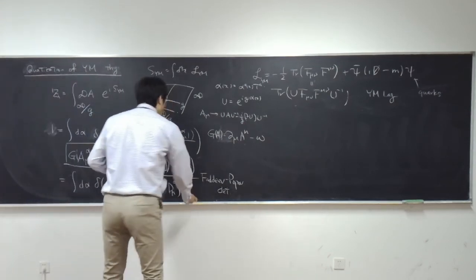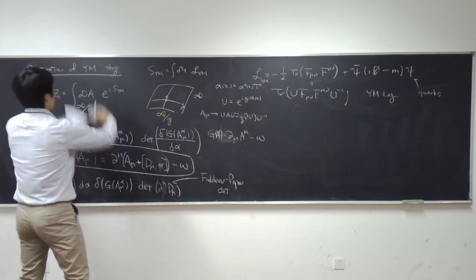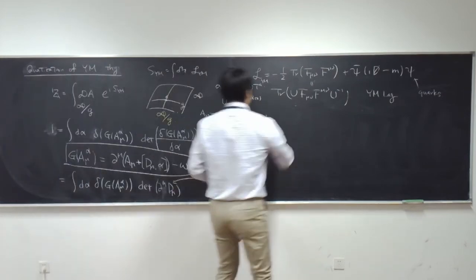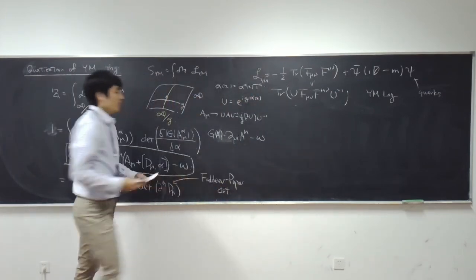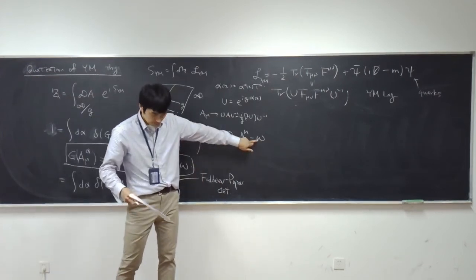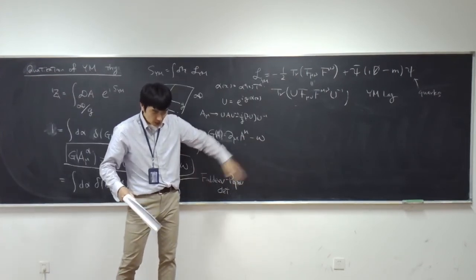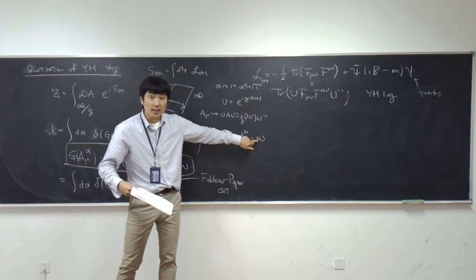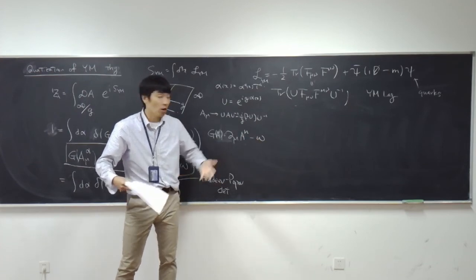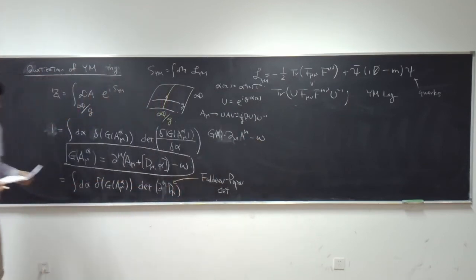What we are going to do is insert this one into the path integral, and again introduce the so-called constant, the Gaussian integral over omega squared, and integrate over omega. Then what you will get is as follows.